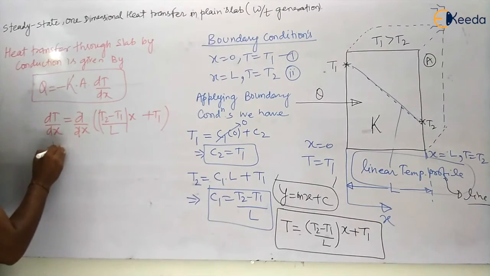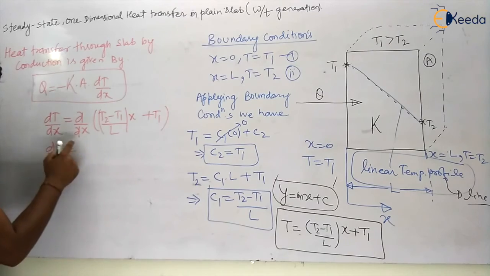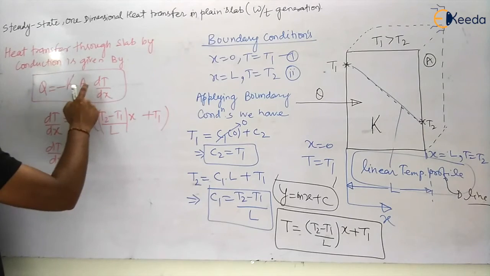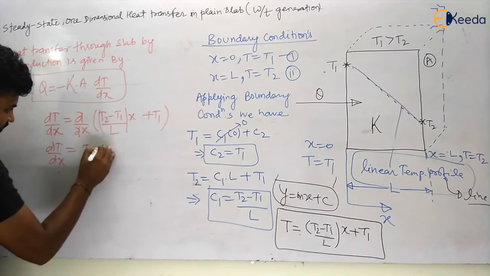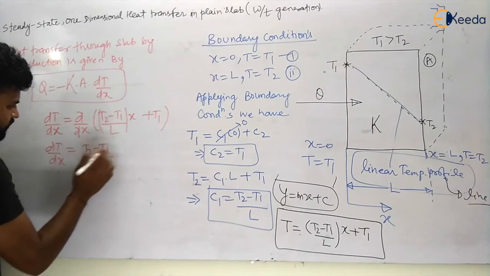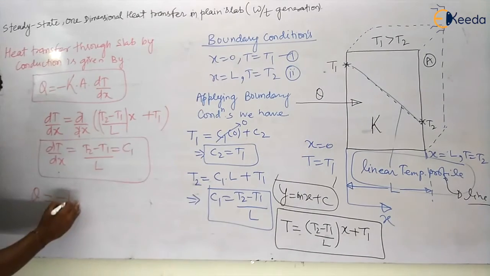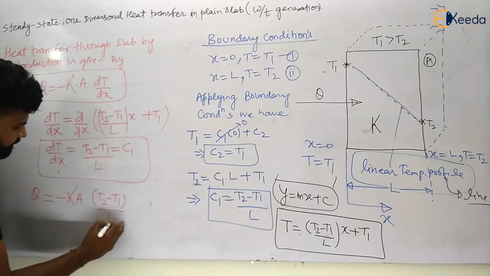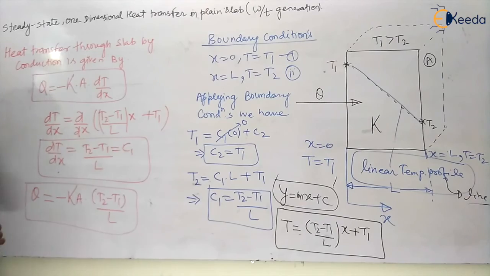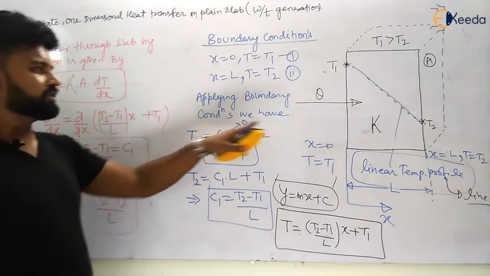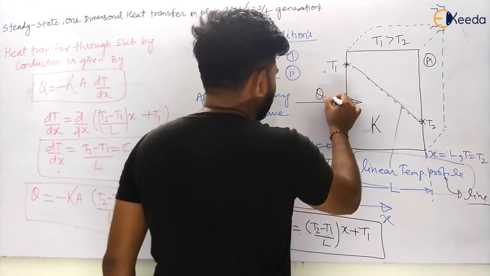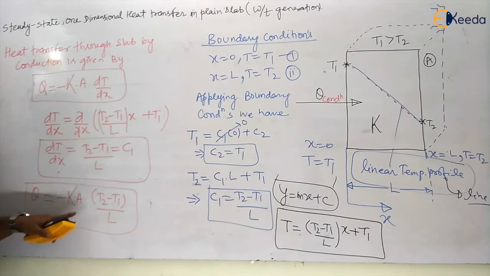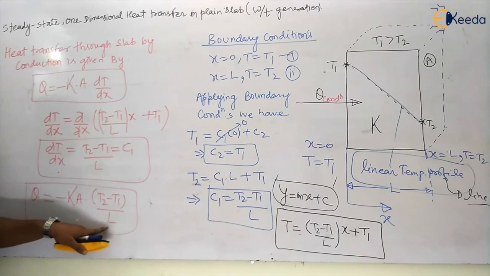Or you can directly put the value of C1 here, which is T2 minus T1 divided by L. So Q is equal to minus kappa A into T2 minus T1 divided by L. This will be the heat transfer for your plane slab by conduction.